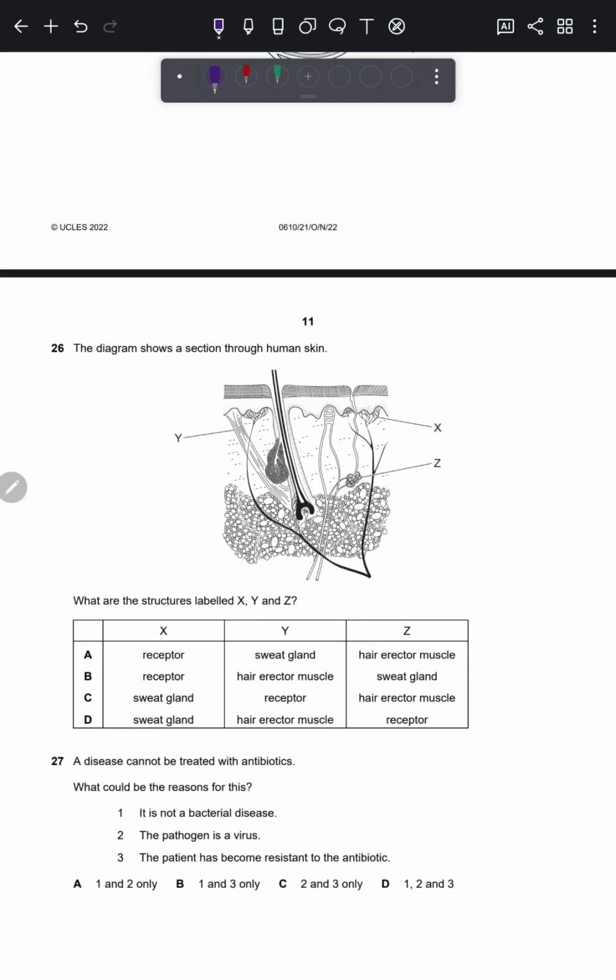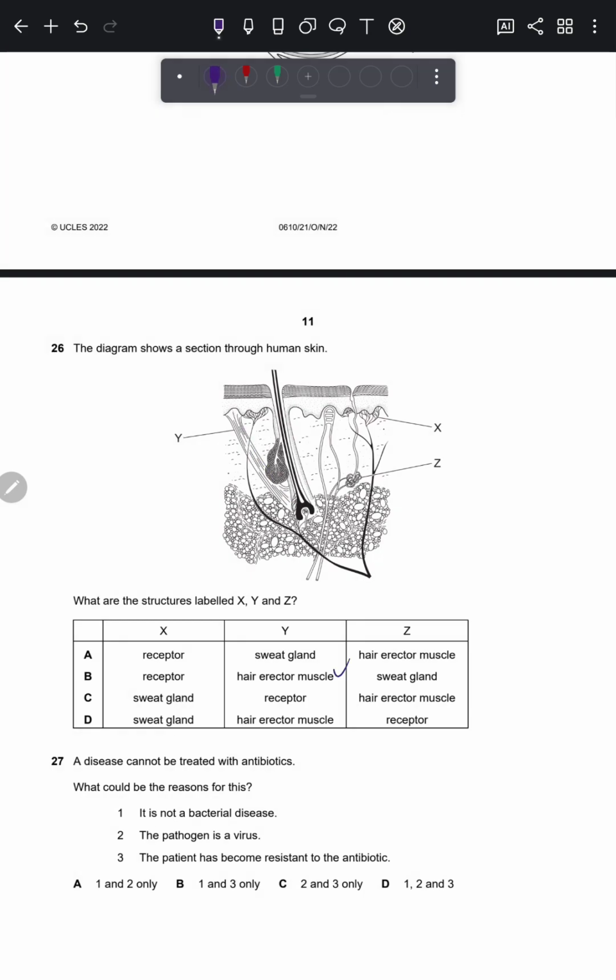The diagram shows a section through the human skin. What are the structures labeled X, Y, and Z? So we see that Y is a muscle-like structure, which is connected to the hair, so it must be the hair erector muscle.